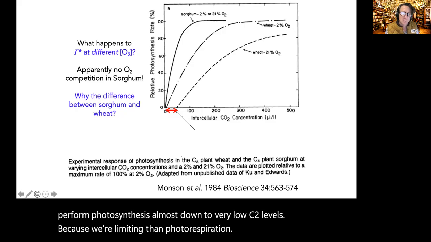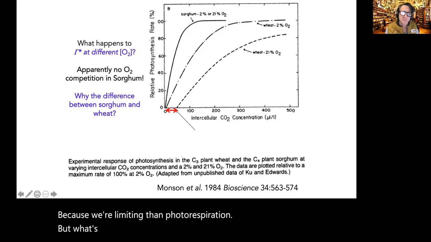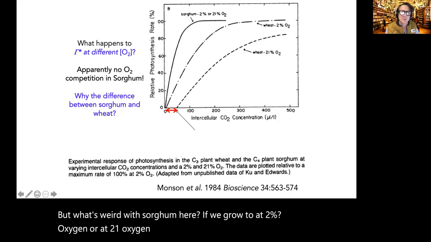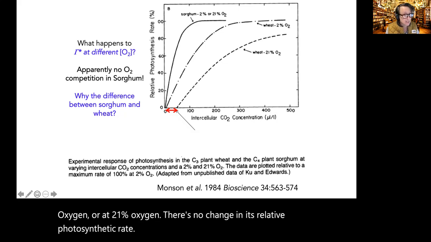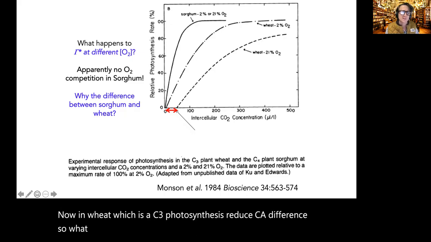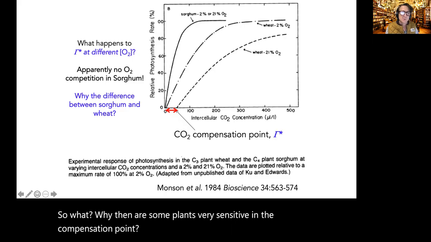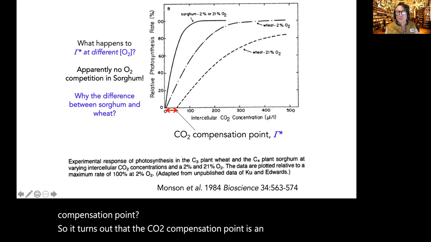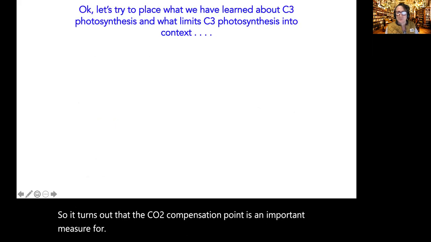Okay, but what's weird with sorghum here is that if we grow it at 2% oxygen or at 21% oxygen, there's no change in its photosynthetic rate. Now in wheat, which is C3 photosynthesis, we do see a difference. So why are some plants very sensitive in their compensation point? It turns out that the CO2 compensation point is an important measure for understanding photosynthetic diversity.